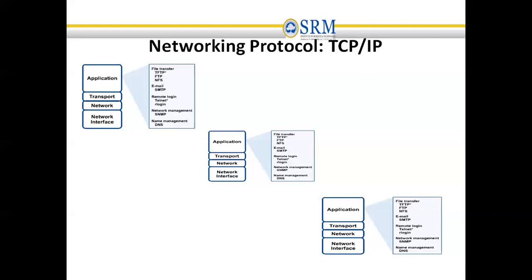And for name management, we have DNS. So these protocols exist as a bundle of protocols, such that they serve the purpose of communication of data between the devices in a network.